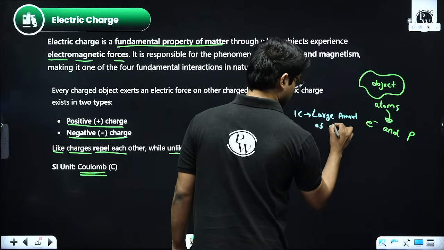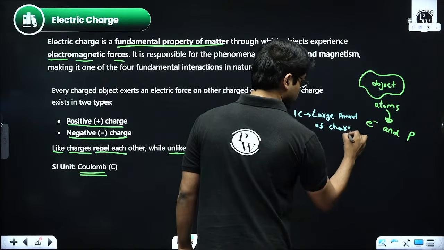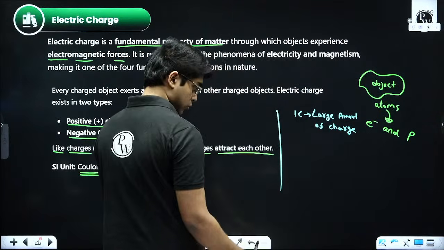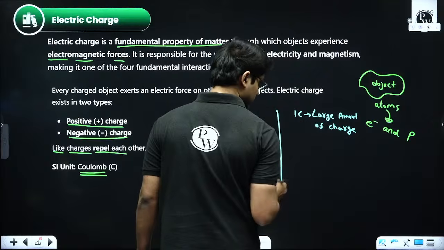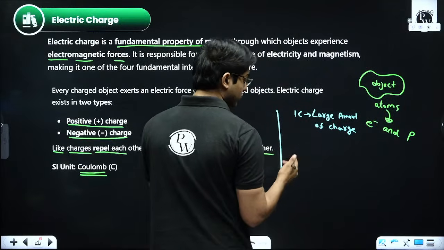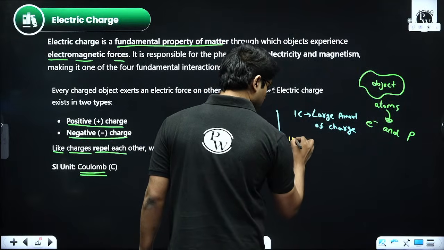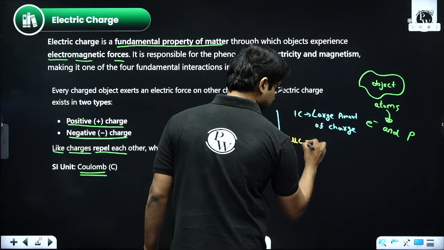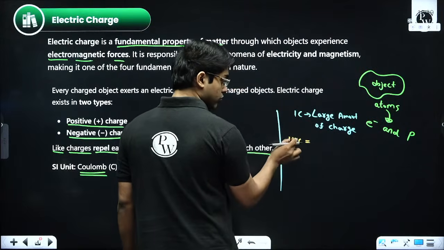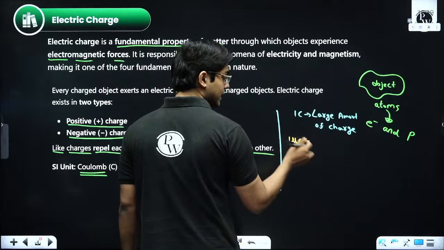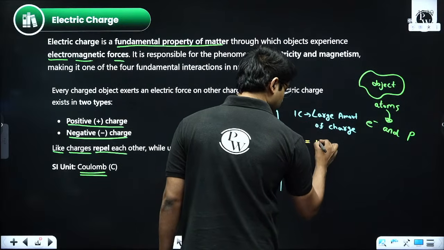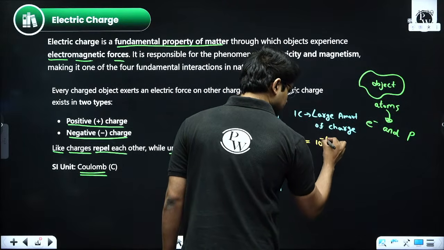So usually in our syllabus, most of the charge that we'll be coming across will be in amounts of microcoulombs. Micro, you should keep in mind, means 10 raised to the power minus 6, so 1 microcoulomb is 10 raised to the power minus 6 coulomb.